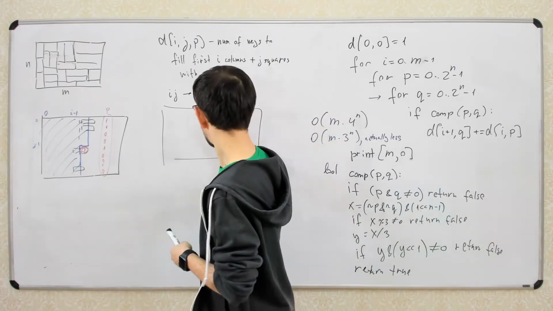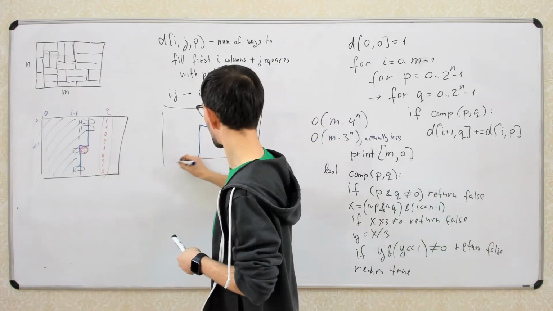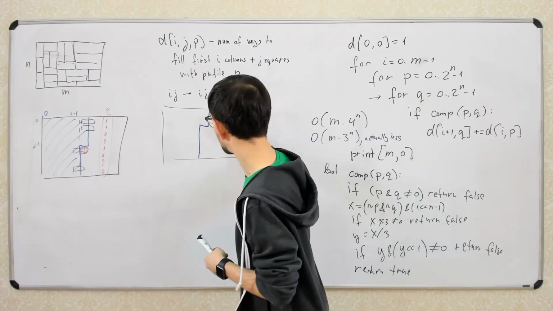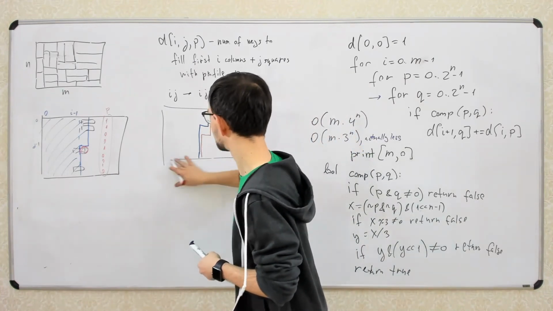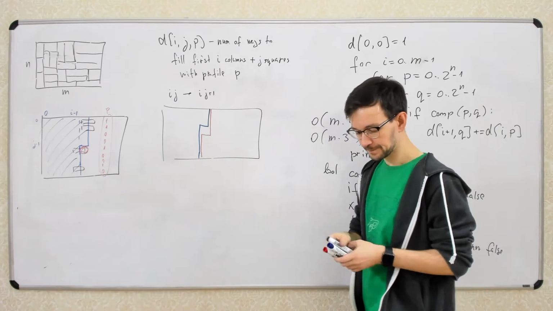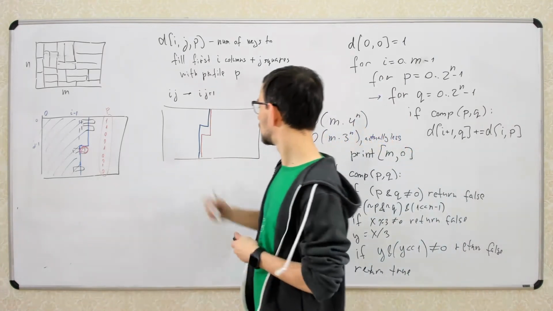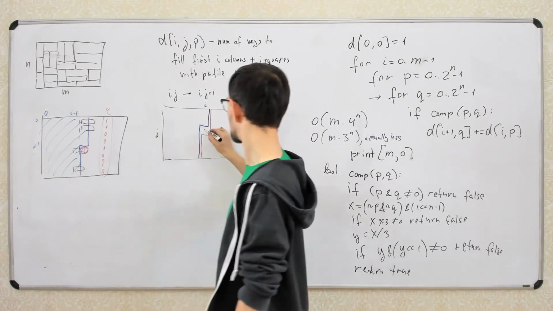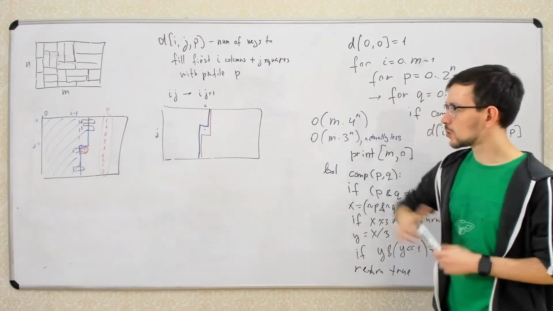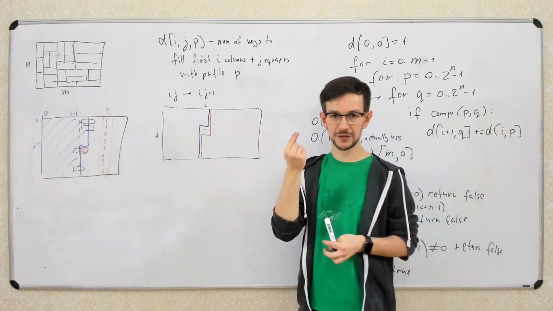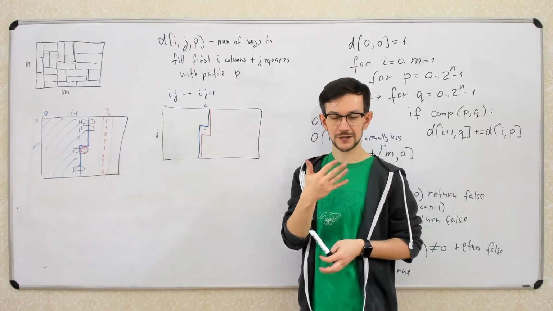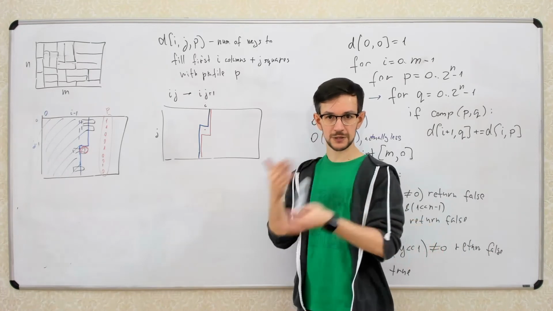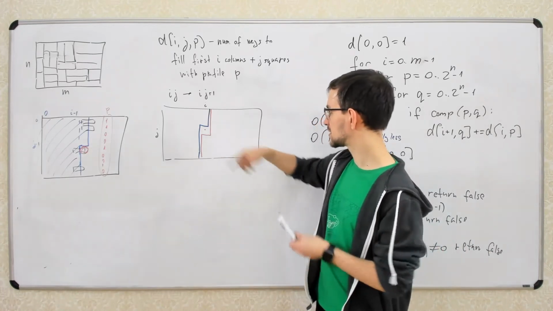So we have this profile here, and we want to move to this profile. This is I, this is J. Let's look at this one square. We need to fill it. There are two possible cases: this square may be already filled or it is empty. How to check if this square is already filled?